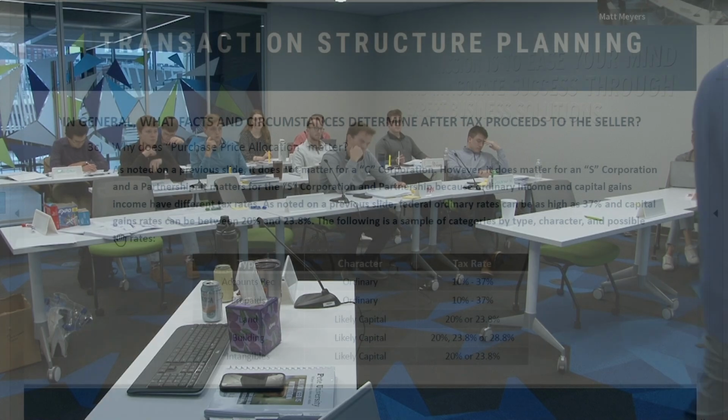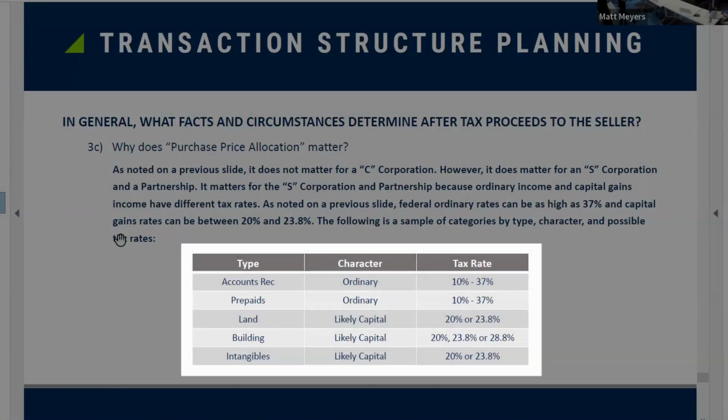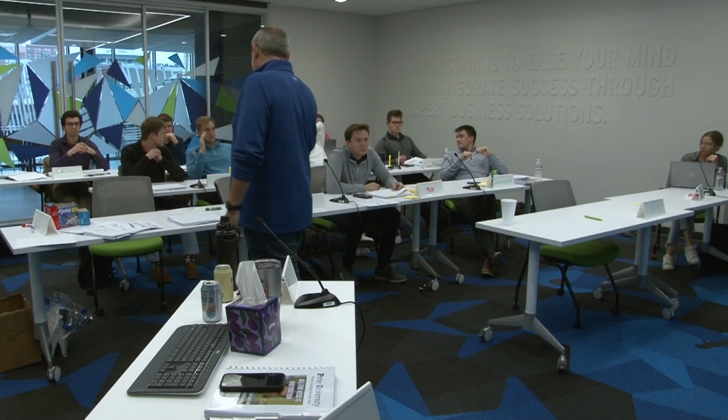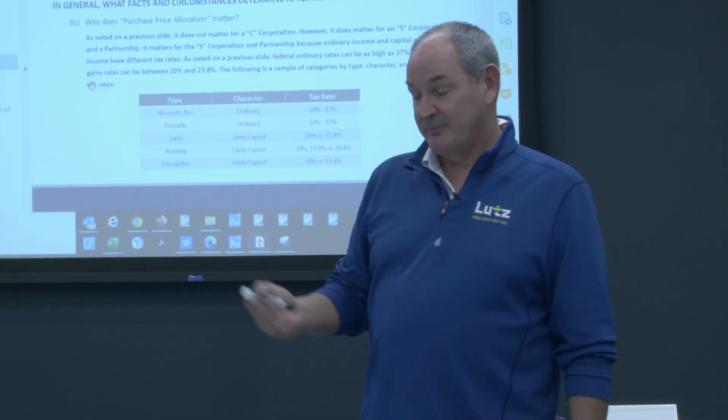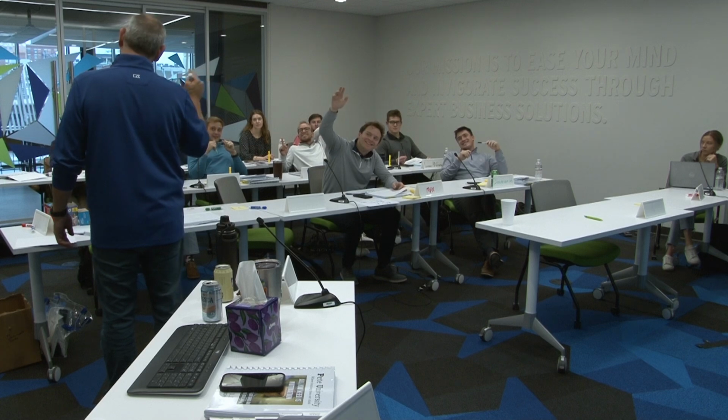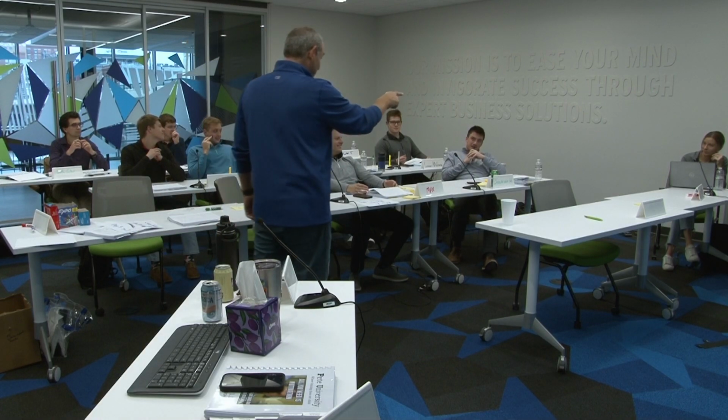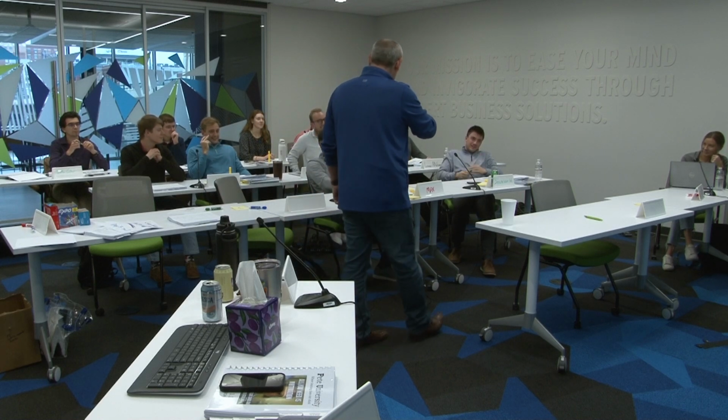Building is, oh man, I wish I had a gift card. First person to tell me, I'm going to give him a gift card. 20%, 23%, or 23.8%, or 28.8%. Somebody, oh, give it. First person. Right, but there's like a 25% tax rate plus the 3.8%. That's half an answer. Oh no, he's got it. No, and if he doesn't come out with it, Mackenzie's going to pick a number 1 through 3. No, you don't get to look it up.